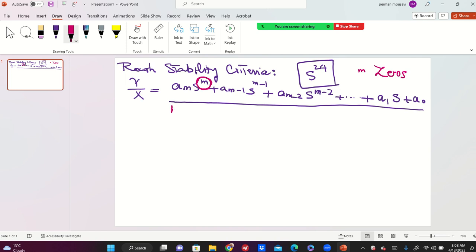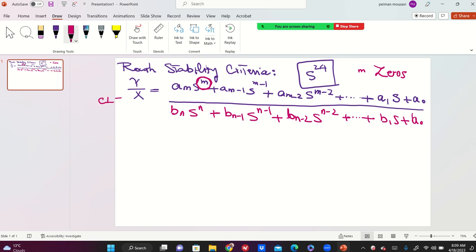And then if you have a denominator b_n s^n plus b_(n-1) s^(n-1) plus b_(n-2) s^(n-2) plus ... plus b1 s plus b naught, that is the closed loop transfer function y over x.